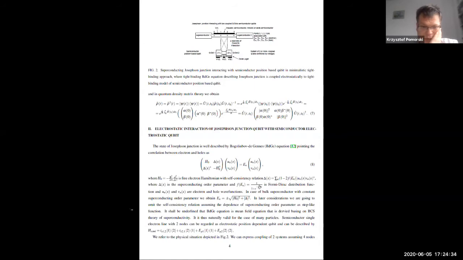So how to do it? Again, the semiconductor part is expressed in such a way: there is hopping between nodes 1 and 2 for a semiconductor qubit. There are hopping terms, and there is localized energy at node 1 and node 2, so A_p1 and A_p2. All right, so I will move on.